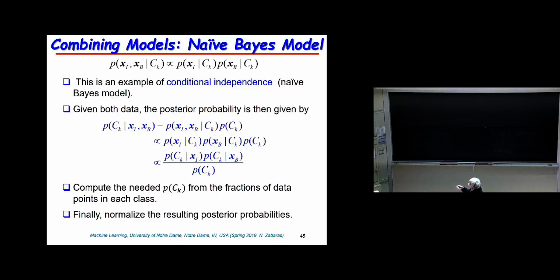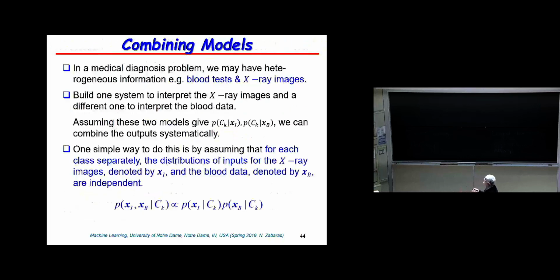Each of these terms is built independently for each classifier, but you combine the two together before you make decisions. Again, this is a simple application of the naive Bayes assumption, where the features xi and xb are independent given the labels for the classes.